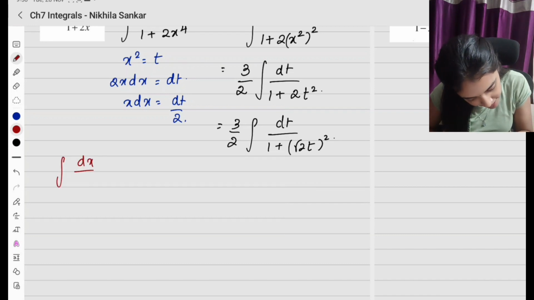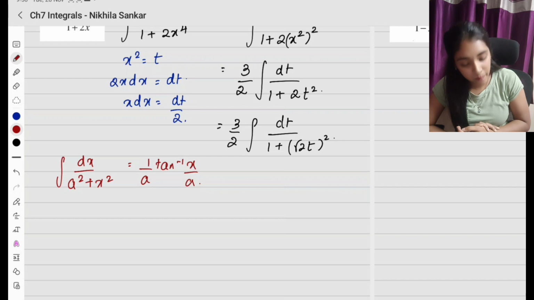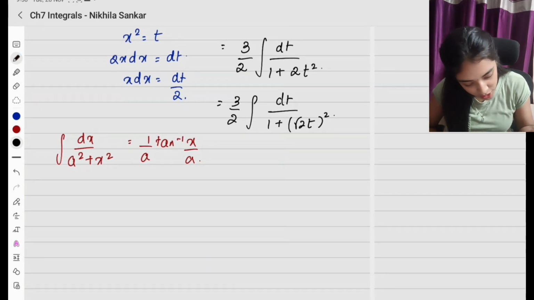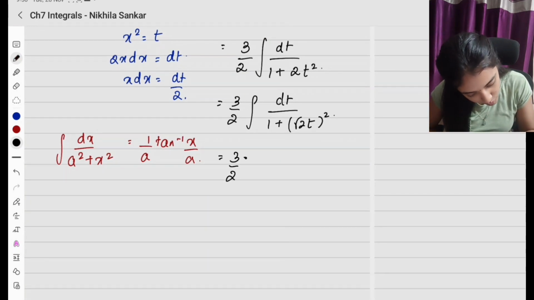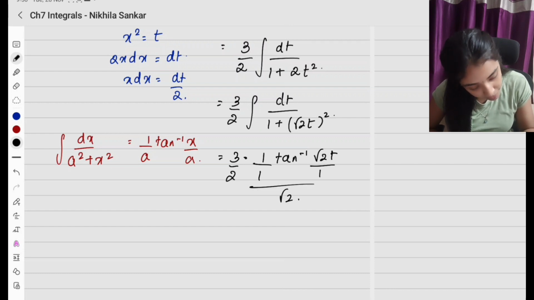Integral dx divided by a square plus x square termல இருக்கு. So, this is going to be 1 by a tan inverse of x by a. Okay. So, this is nothing but 3 by 2 times 1 by a is going to be 1 by 1 tan inverse of root 2t divided by a which is going to be 1 the whole divided by root 2.